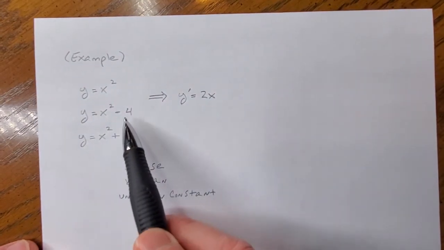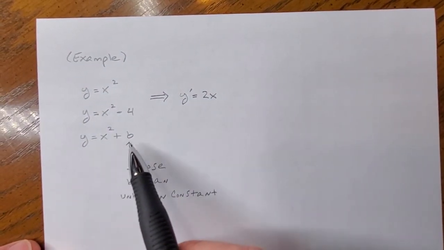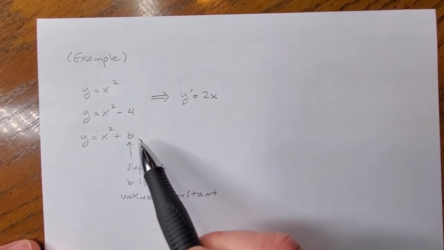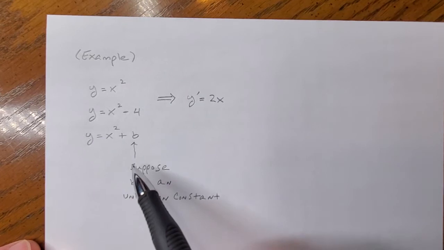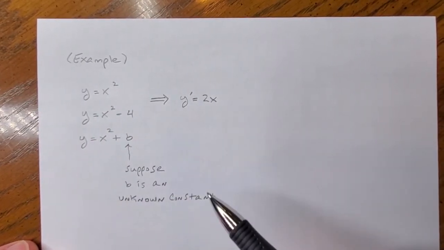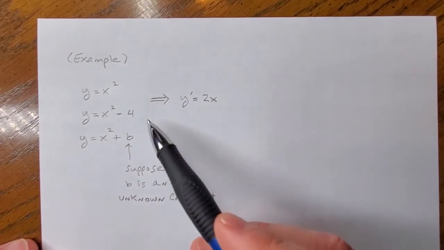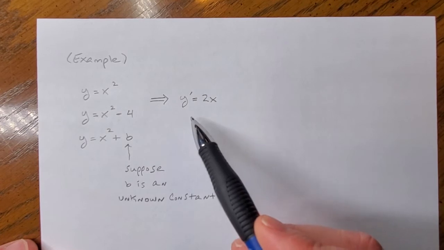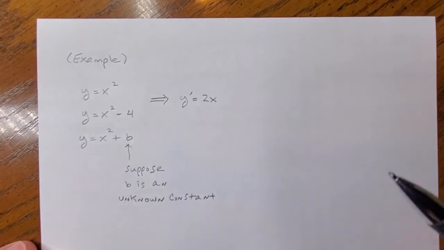Or even if you didn't know this number, say I had y is x squared plus some number b, where b is some constant. The role of that number b is to let there be some kind of vertical shift. It would have the same derivative also. This and this and this have that derivative because they are just vertical shifts of each other.